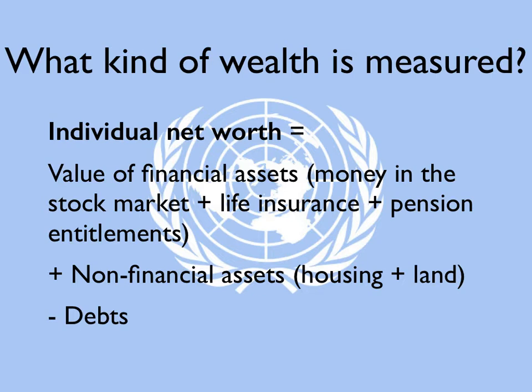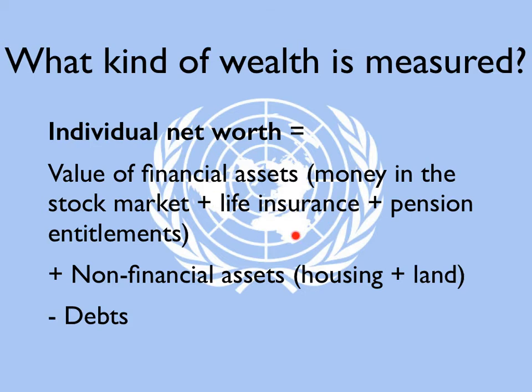So the individual net worth represents the value of financial assets. So financial assets, it's the money, right? More a paper thing. So for instance, people may invest money in the stock market, so that would be part of their financial assets.